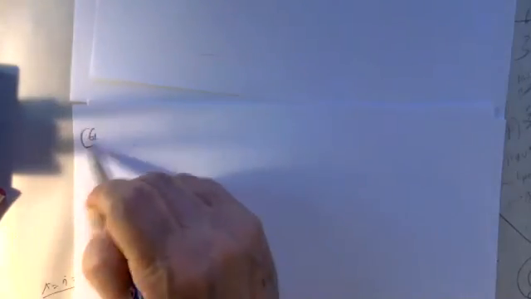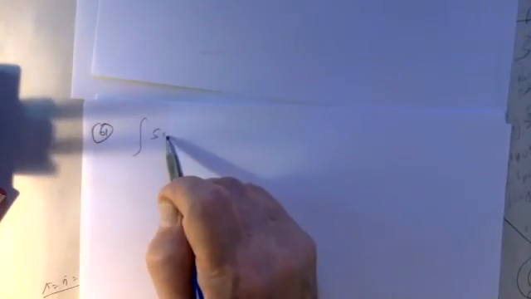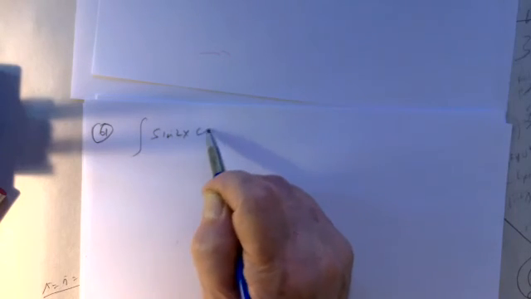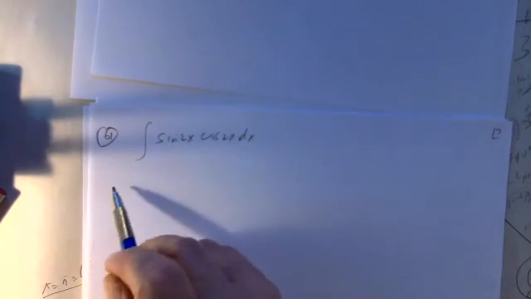Let's look at number 61. This is the integral of sine of 2x cosine of 2x dx. Let's see. What do you do? Well, you know the derivative of the sine is the cosine.